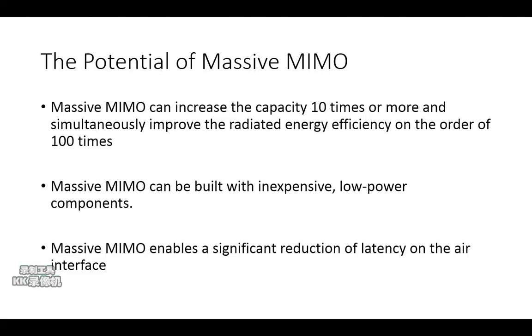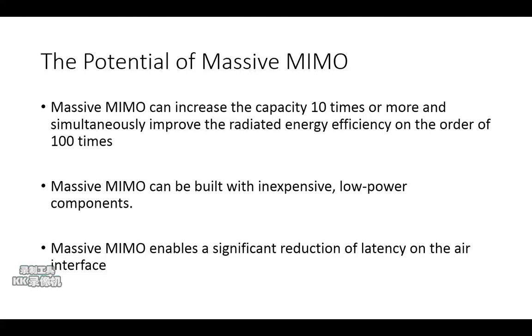The third potential is that massive MIMO enables a significant reduction of latency on the air interface. The performance of a wireless communication system is normally limited by fading. Fading can render the received signal strength very small at certain times.